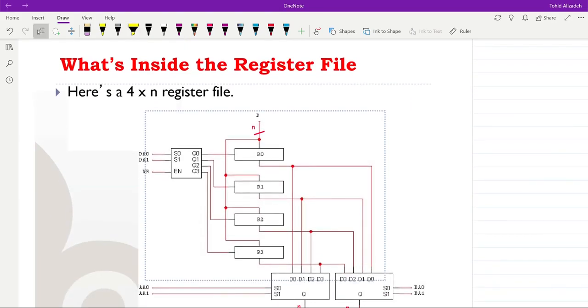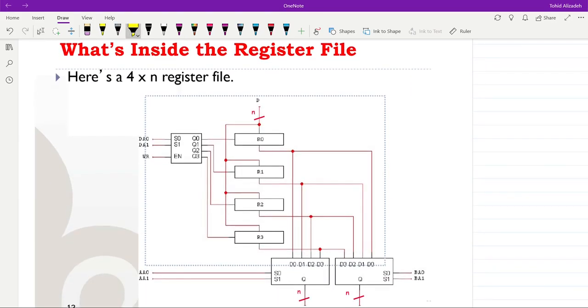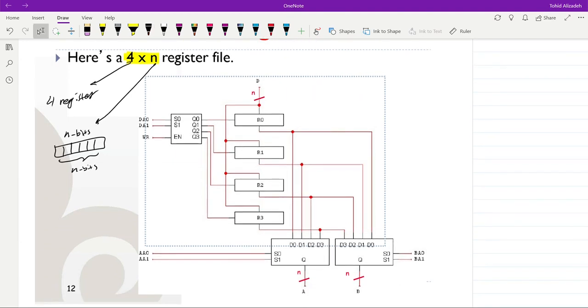Over here we have an example of a 4 by n register file. 4 by n register file means that we have 4 registers and each register has n bits of data. So the width for the register is n. Here we have the registers R0, R1, R2, and R3.